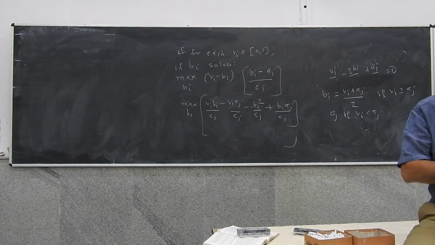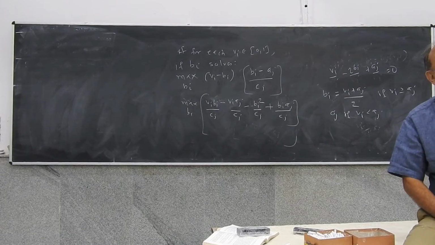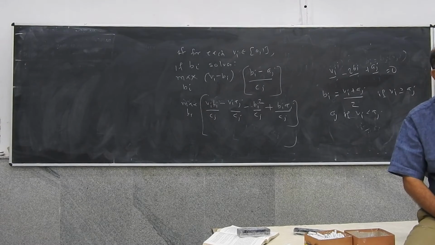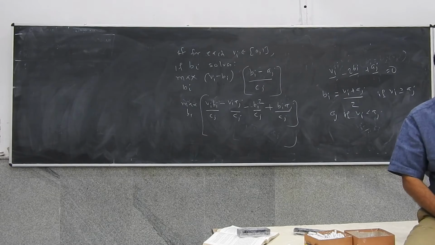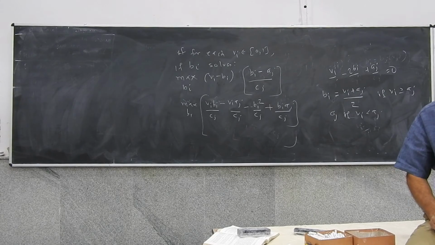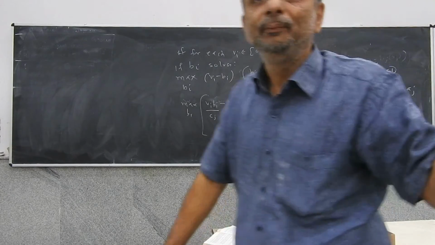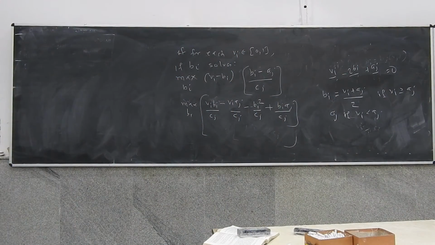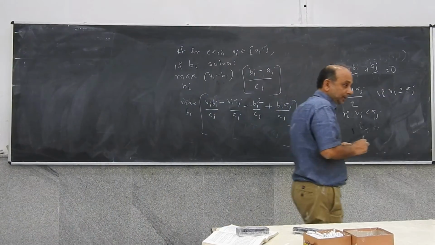What is Aj? Aj is your competitor's least valuation. So if your valuation is less than the lowest point of the competitor, then obviously the best you can do is to bid that lowest value, and therefore Aj if Vi is less than Aj.